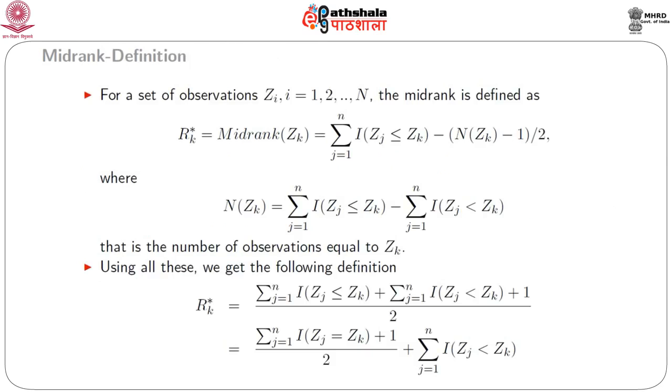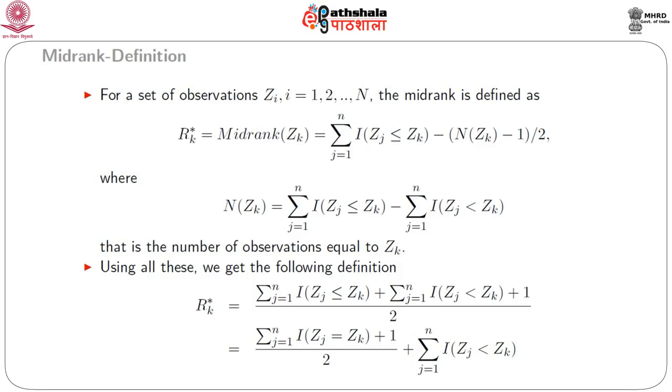So now we shall define mid-rank mathematically. For a set of observations Zi, i from 1 to n, the mid-rank is defined as Rk star, which is the sum of the indicators Zj less than or equal to Zk, where the sum runs over j from 1 to n, minus n(Zk) minus 1 divided by 2, where n(Zk) is the number of observations equal to Zk.